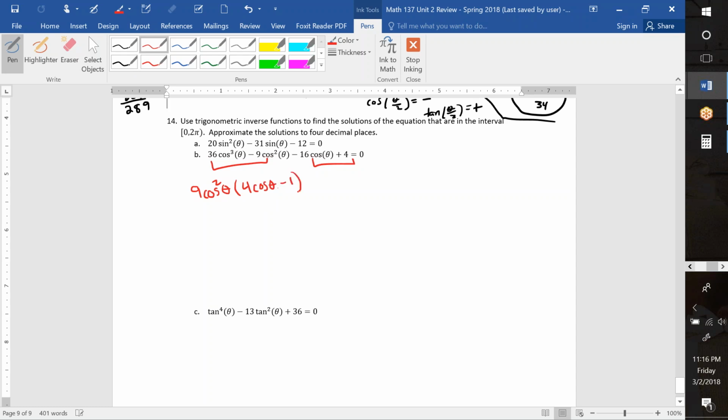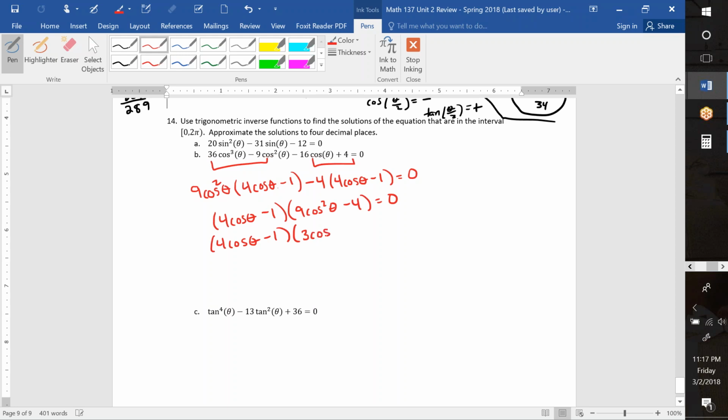In this case, we can pull out a negative 4, so that would be 4 cosine theta minus 1. So this is 4 cosine theta minus 1, and this is 9 cosine theta squared minus 4, which is going to factor again using perfect squares.